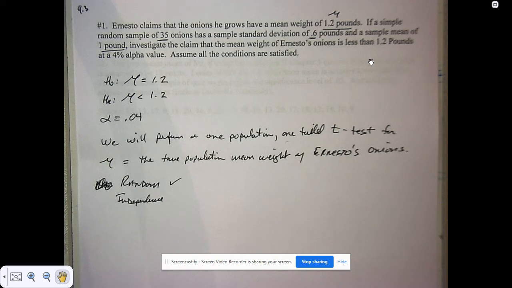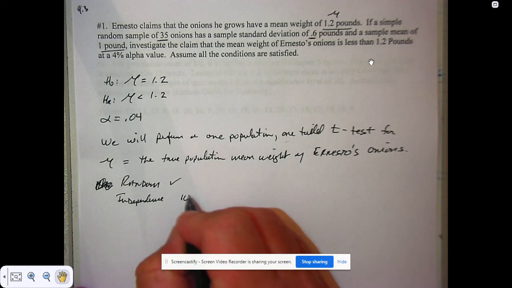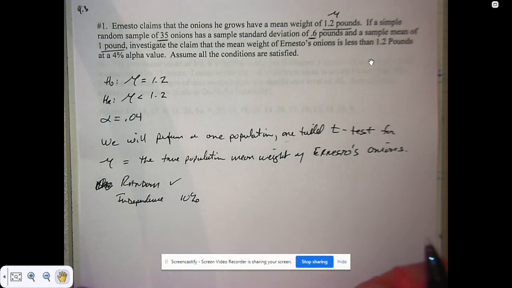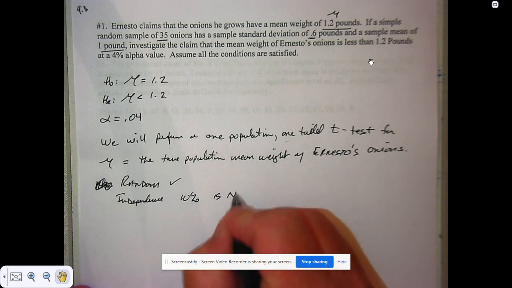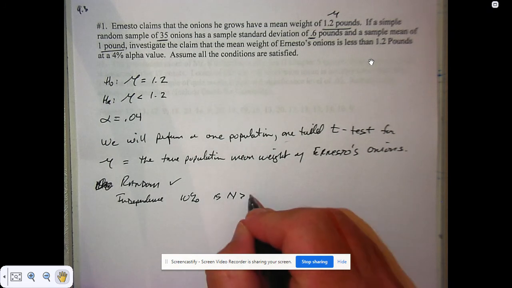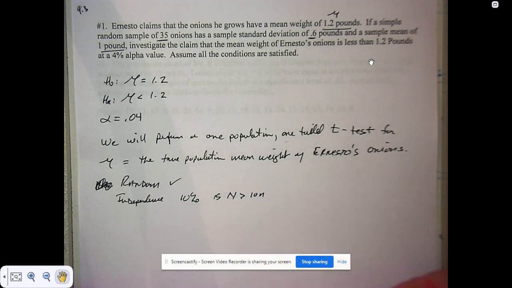That's sampling with replacement. We don't have that here. So we have to check the 10% rule. This is for sampling without replacement. And that basically says, is N greater than 10 times little n?